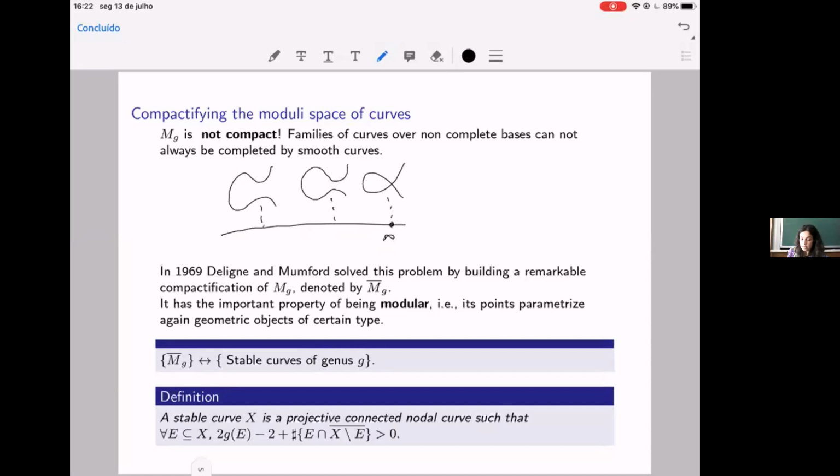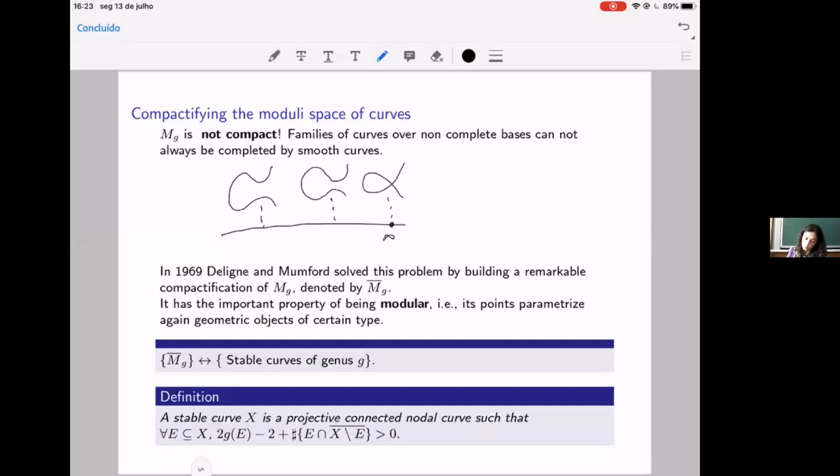And so there is this remarkable work by Deligne and Mumford in '69, who solved this problem by considering a compactification of MG, which is denoted by MG bar, and this has the important property of being modular.